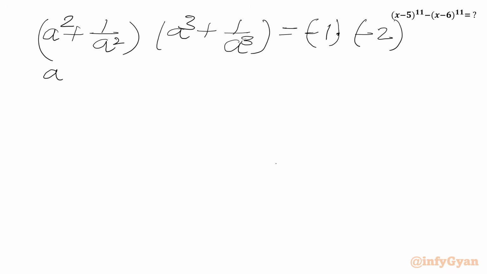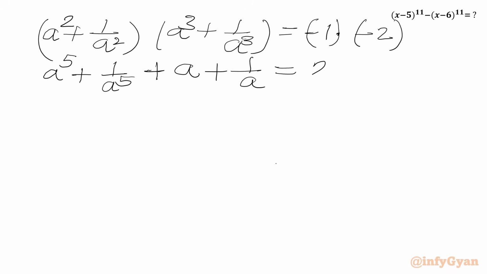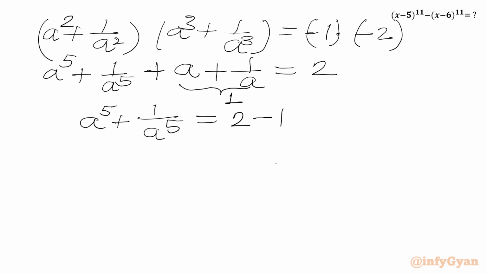We are going to get A power 5 plus 1 over A power 5, then we'll write plus A plus 1 over A, equal to 2. Now A plus 1 over A is 1. So we'll be getting A power 5 plus 1 over A power 5 equal to 2 minus 1. So A power 5 plus 1 over A power 5 is 1.